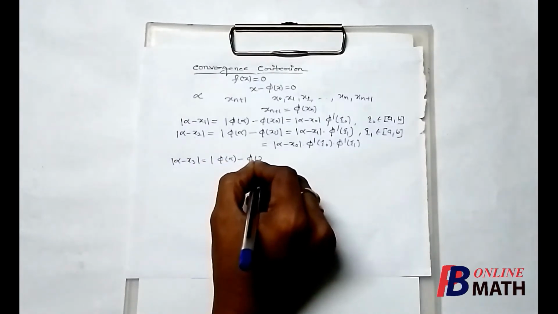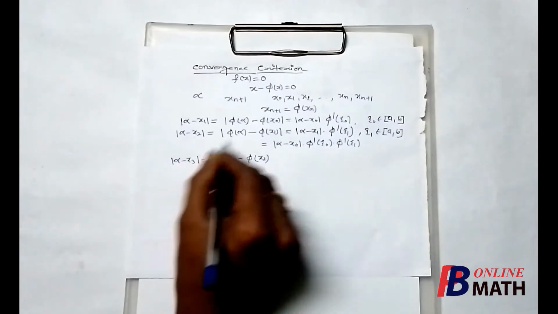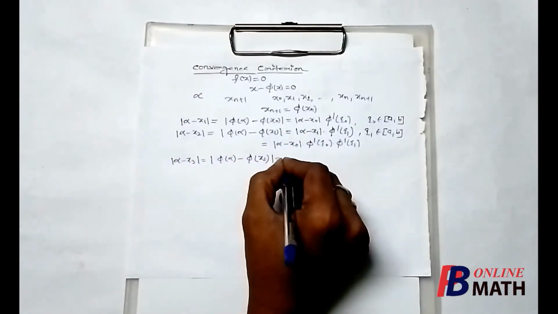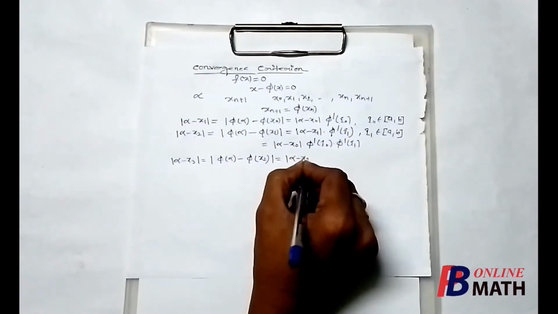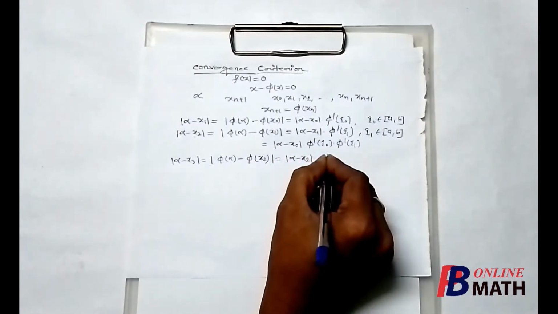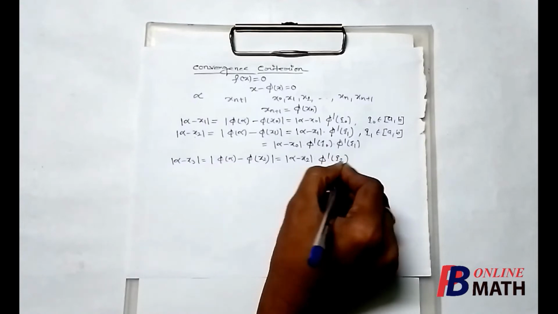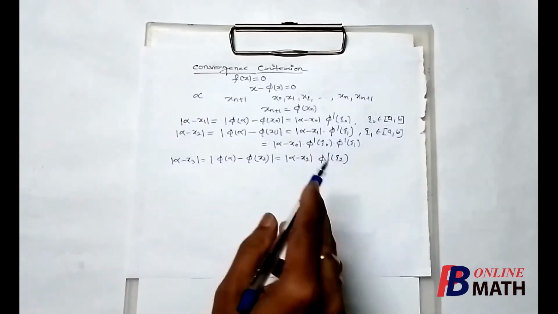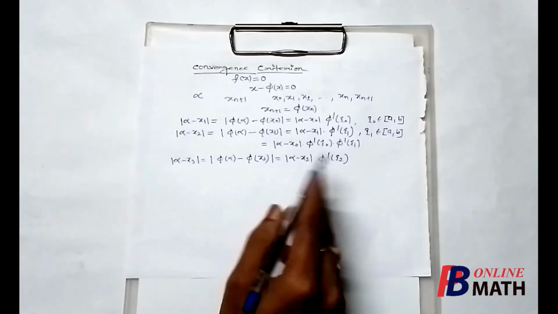Next, if we compute alpha minus x3, then we can find that this is phi alpha minus phi x2, because x3 equal to phi x2. Now using the Lagrange's mean value theorem, this will be alpha minus x2, multiplied by phi dash xi2, where xi2 lies in this interval a to b, more specifically between alpha and x2.